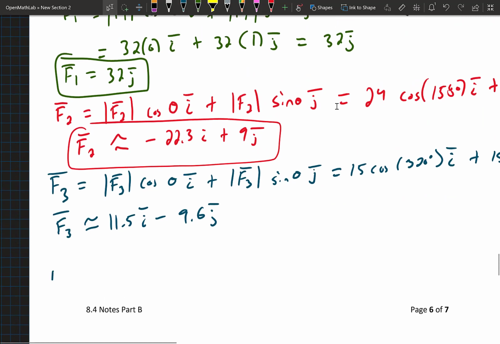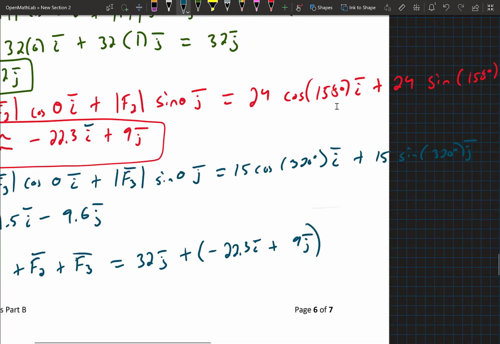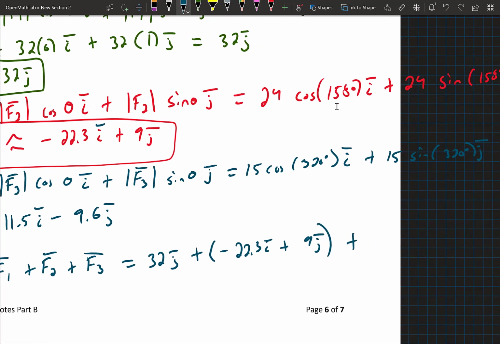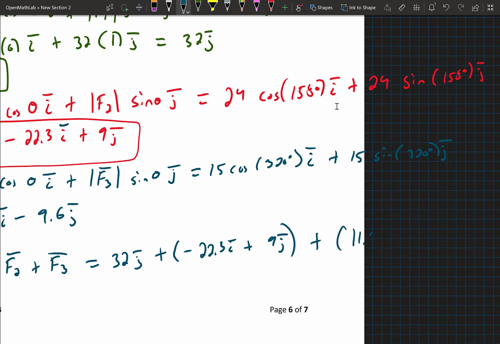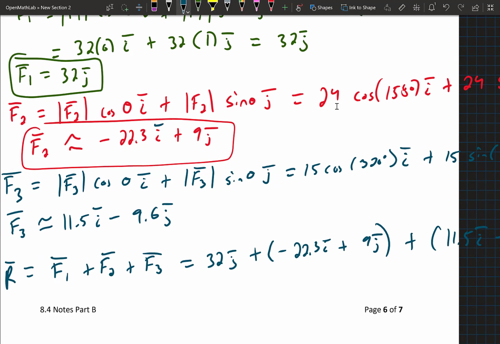So we know the resultant vector is equal to F1 plus F2 plus vector F3, which equals 32j plus negative 22.3i plus 9j, and then plus F3, which is 11.5i minus 9.6j. We can combine like terms.